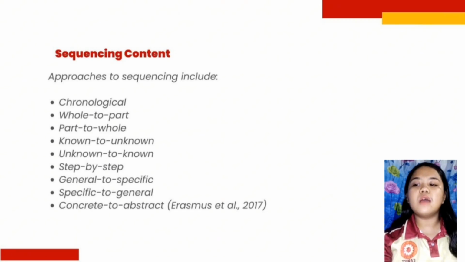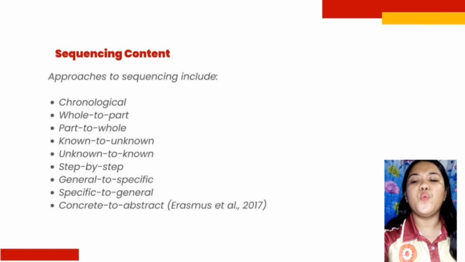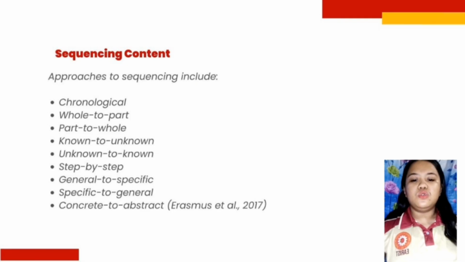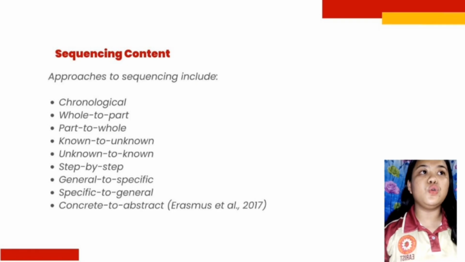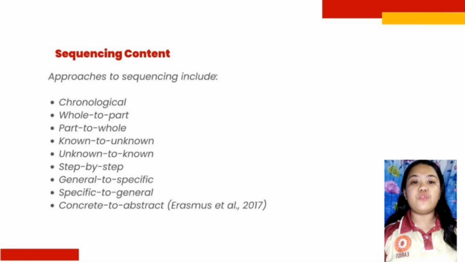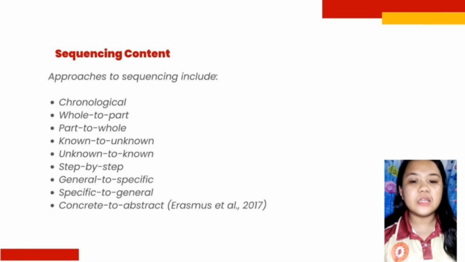So, in training and development, we need step by step because if we don't have a step by step process, you will jump to another task when you don't know the first step.